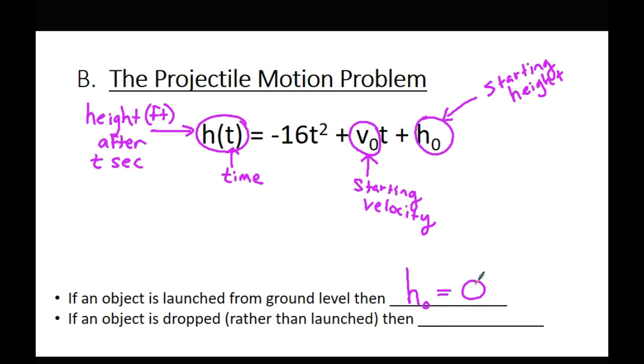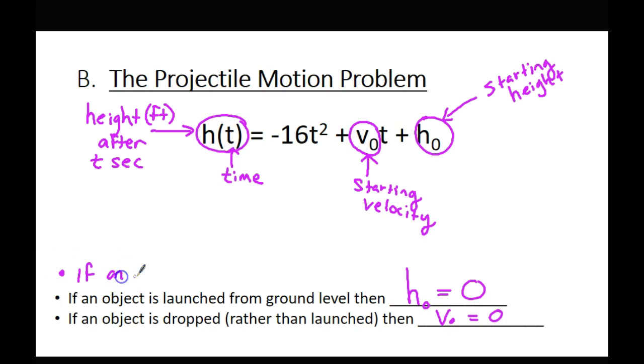So if an object is just dropped rather than thrown, then the starting velocity is 0. Now, I don't remember if we're going to encounter too much of this today, but we should probably write it. So let's write the following things as well.